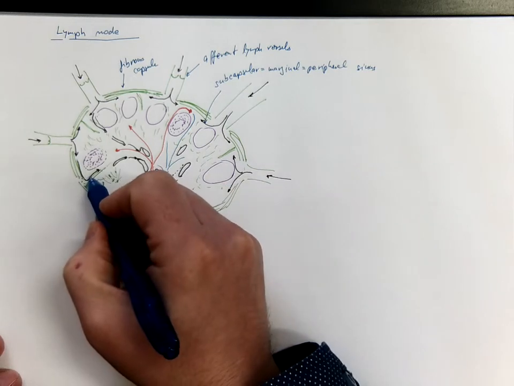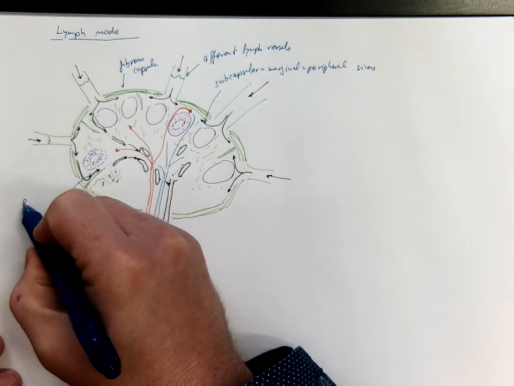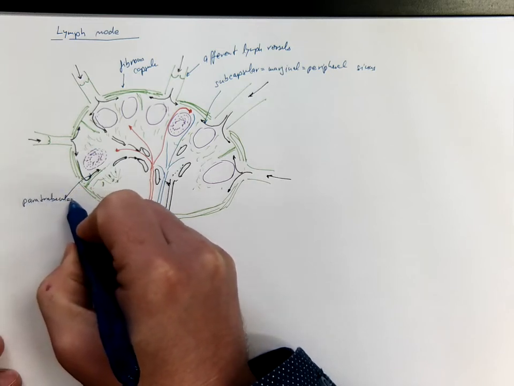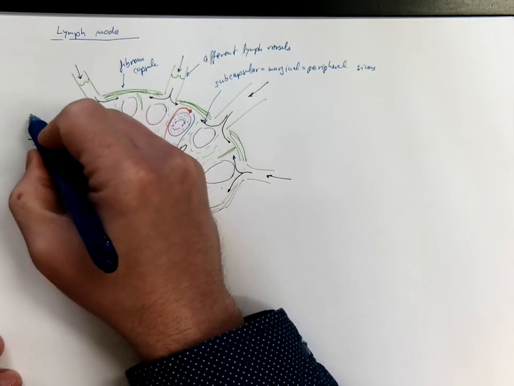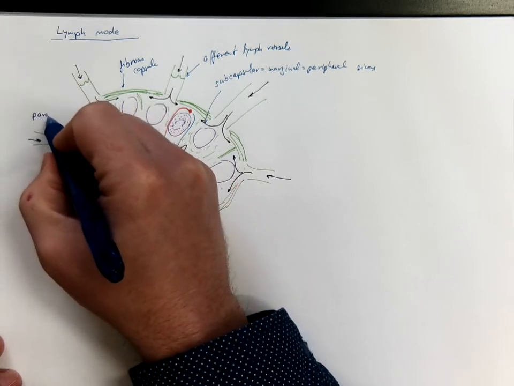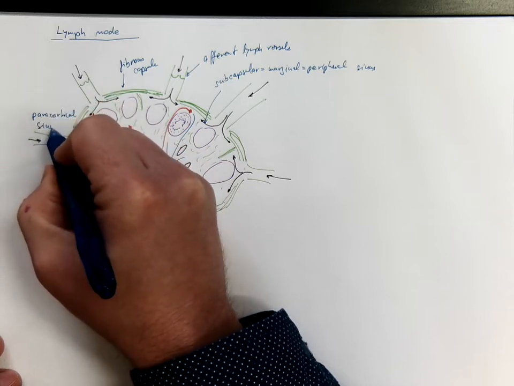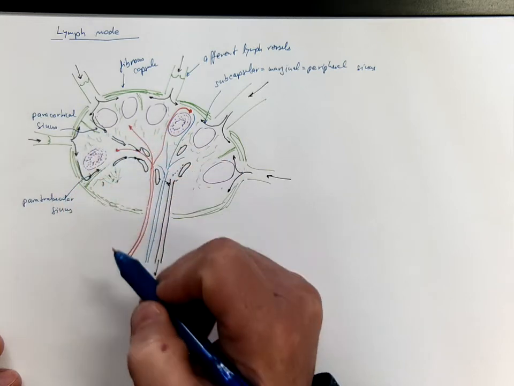Then the lymph flows through paratrabecular sinuses or paracortical sinuses into the deeper portions.